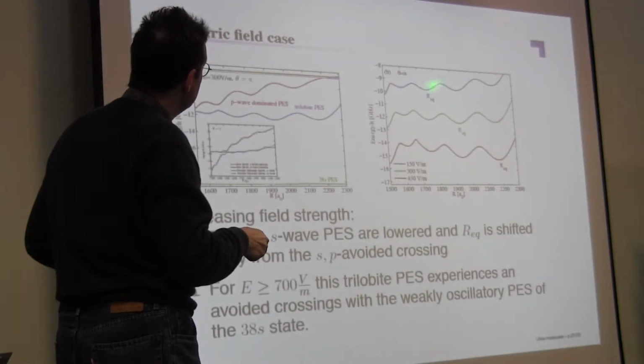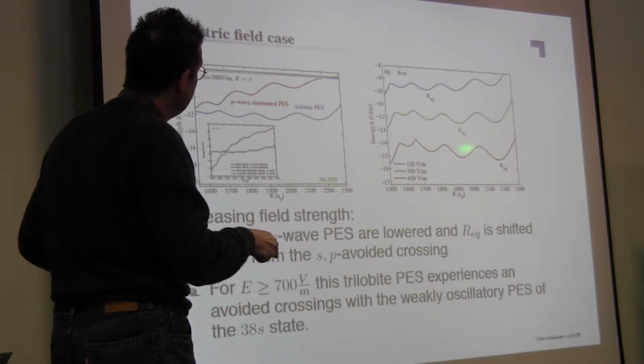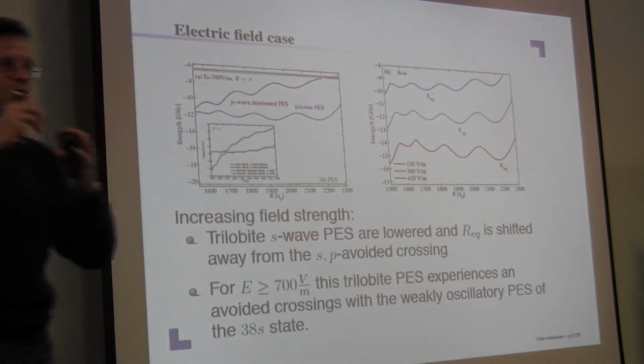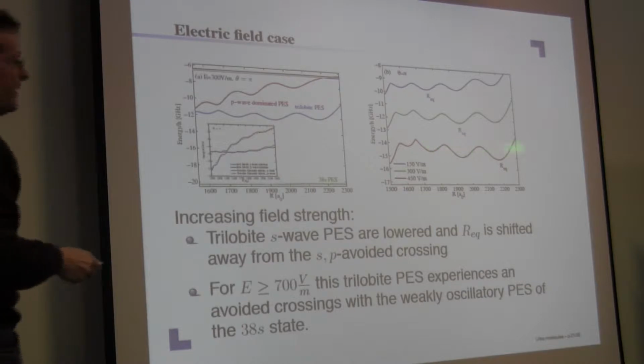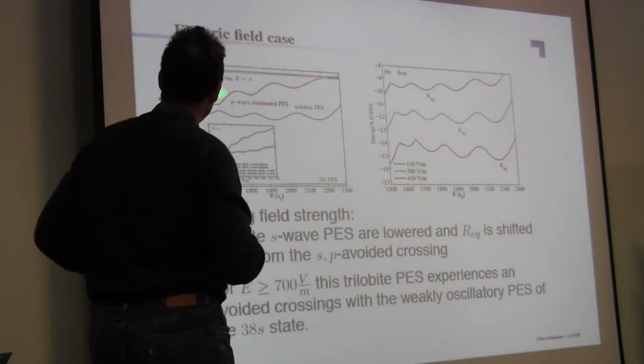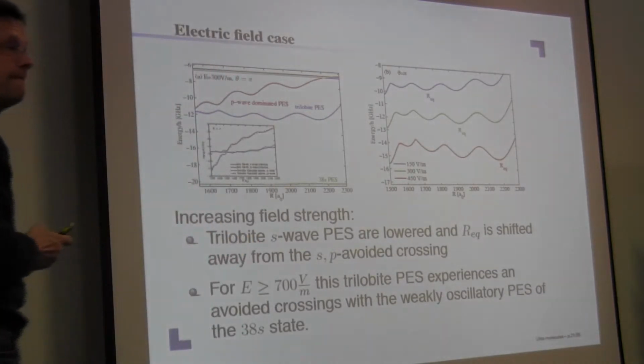You see, this minima sequence goes up in energy. This one at the next field strength is almost at equal energy, and then it goes down. So with the electric field, you have an option to change the positions in energy of individual wells with respect to each other. And in particular, you get rid of this crossing, which leads to instability.